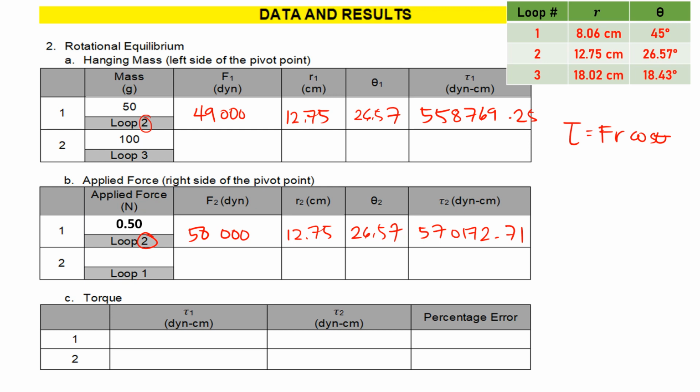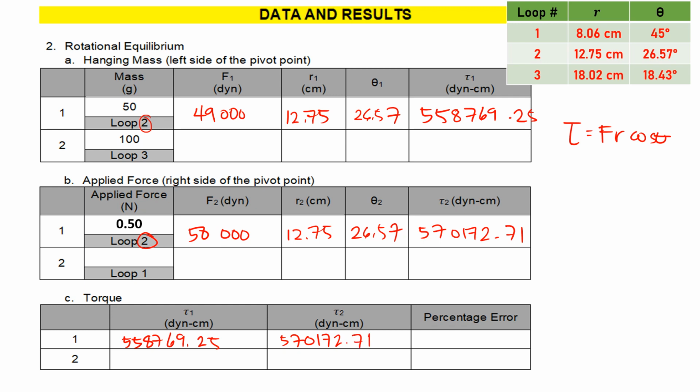Now I just need to copy on the third table. This is 558,769.25, and then the torque 2 is 570,172.71. Now let's compute for the percentage error.